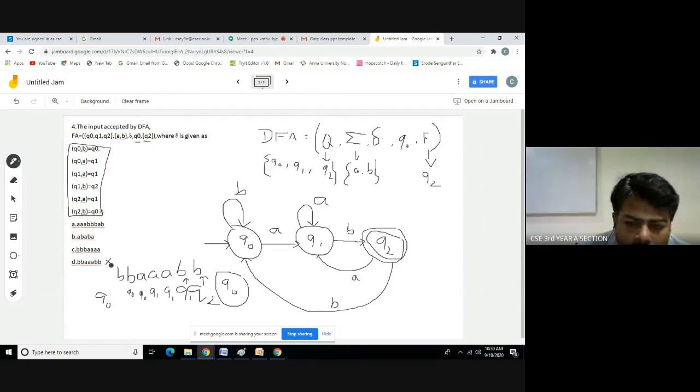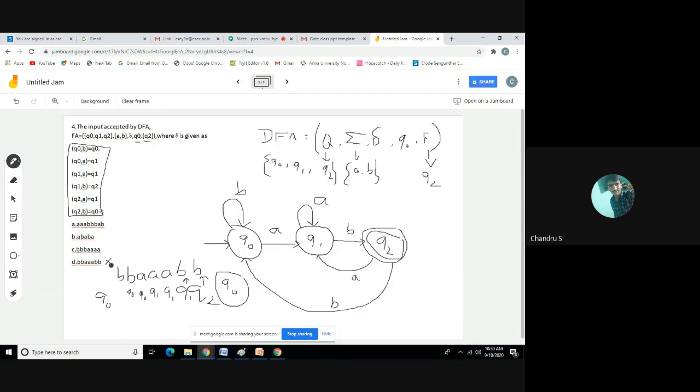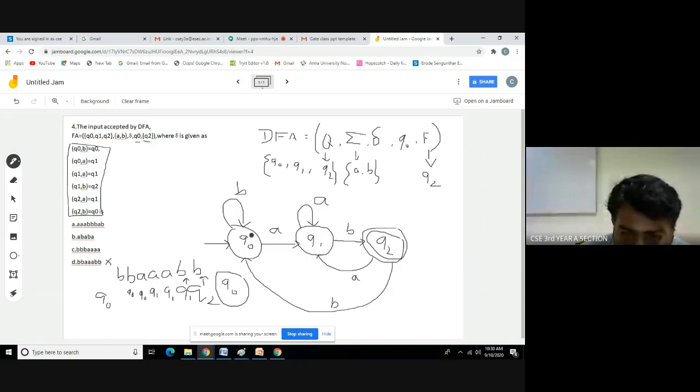Students, can everyone understand? Yes, sir. According to the given DFA, the fourth option is not valid and is not accepted by my DFA.